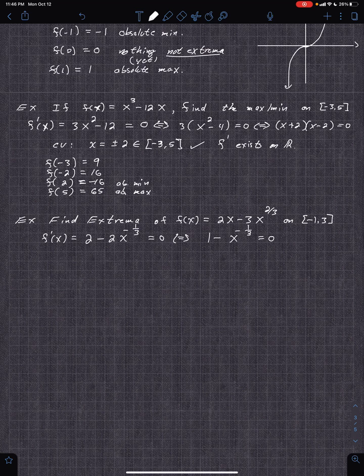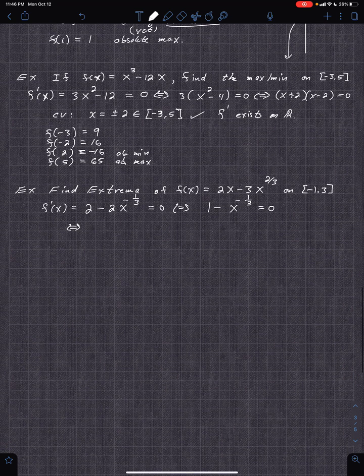When you solve this, you got to mess with it a bit. You end up getting that 1 is equal to 1 over the cube root of x. That's true if x is equal to 1, it's a solution, but x can't be 0, that's undefined.